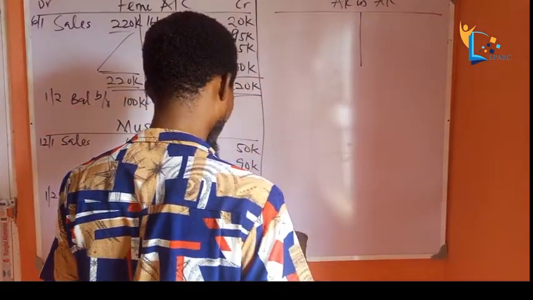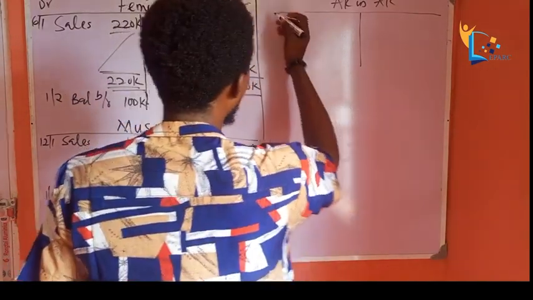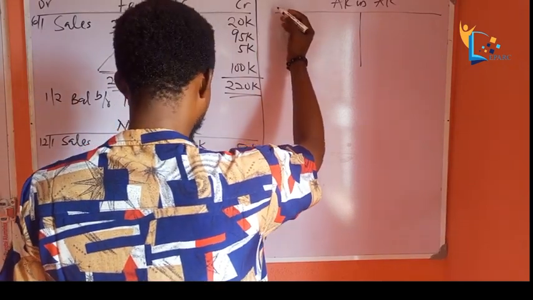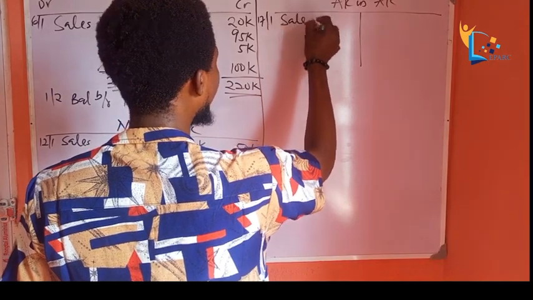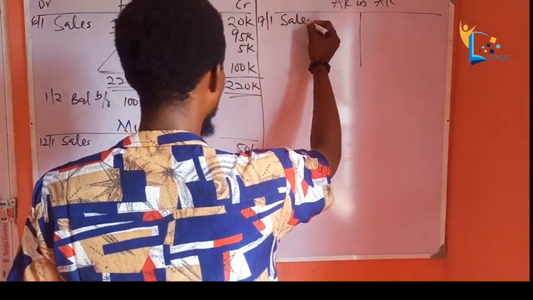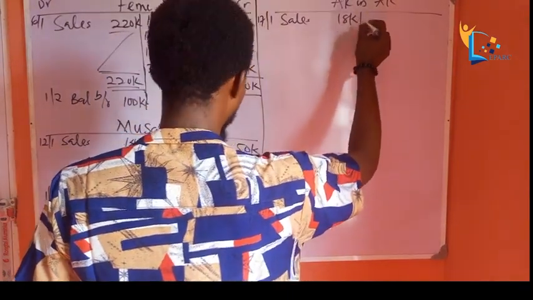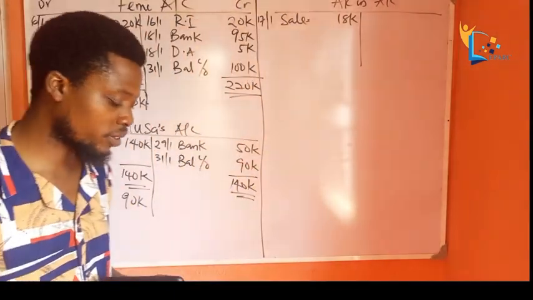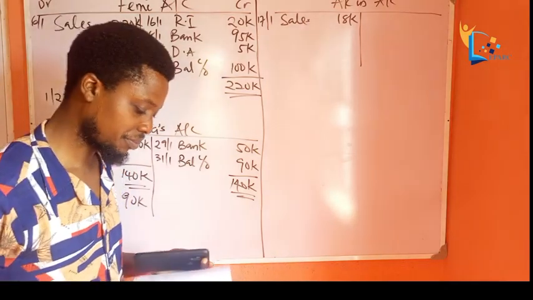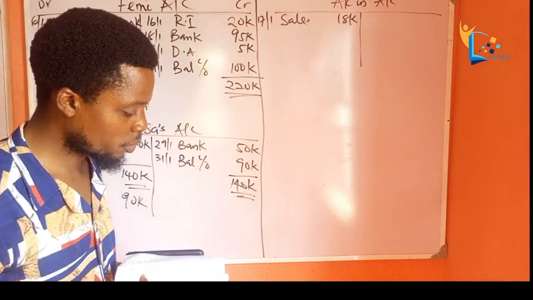Okay? So who is Akin to us? Akin is also a debtor, a receivable, okay? So we have on the 17th, we sold to Akin goods worth 18K.